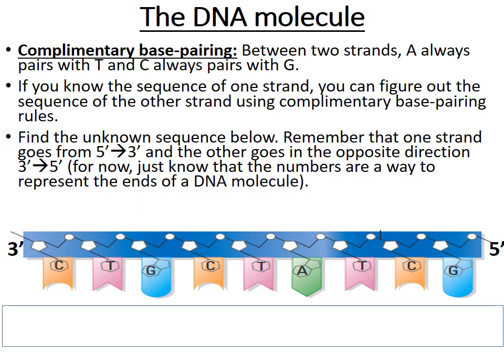So again, if you know the direction and bases on one strand, you can figure out the direction and bases on the other strand. So if I have my 3' end over here, then my 5' end should be here, because they're opposites, and my 3' end should be here. So my C, there'd be a G paired with it, an A with my T, C, G, A, T, A, G, and C, just like that.